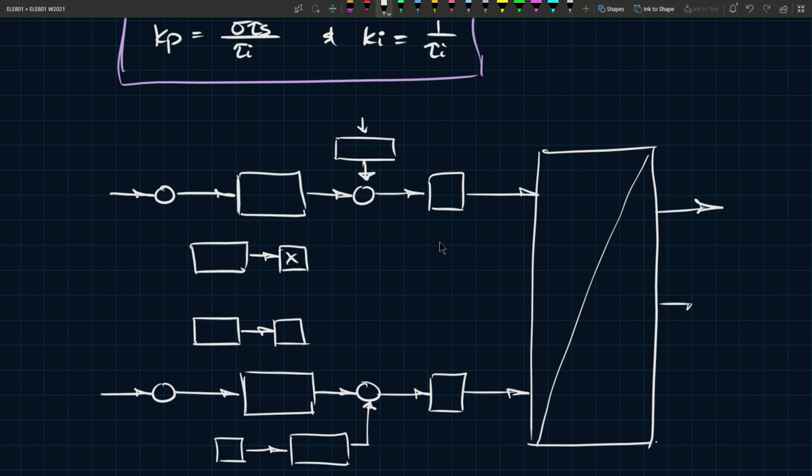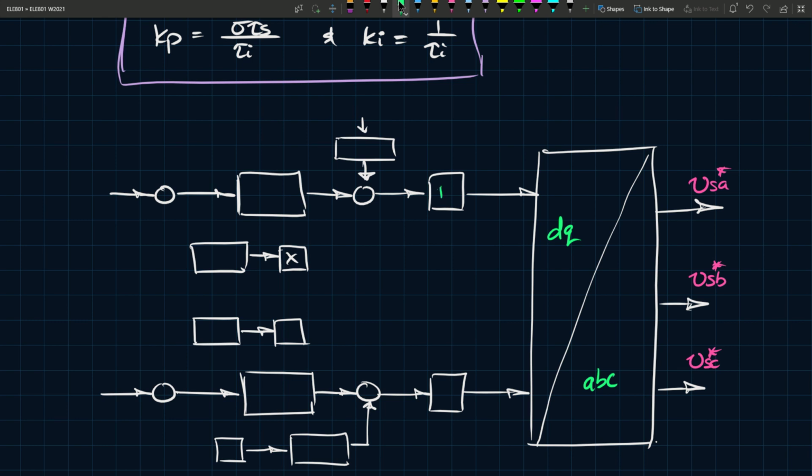The outputs of these are voltages. So let's start filling some stuff in. DQ to ABC. This is going to be V_sa star, V_sb star, V_sc star.